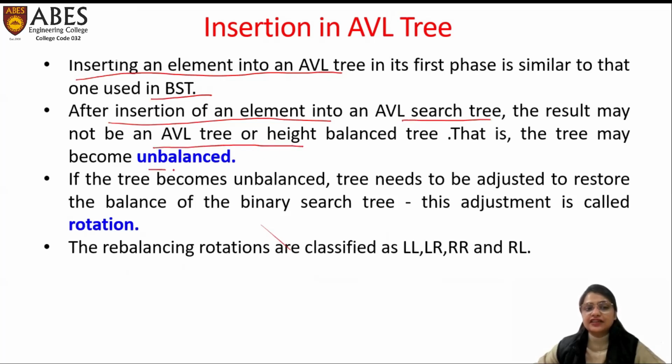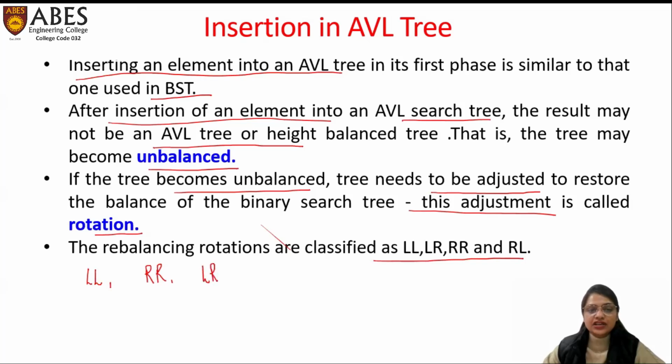It means the tree can become unbalanced. If a tree becomes unbalanced, it needs to be adjusted, and we can do this adjustment through rotations. There are 4 types of rotations: left-left rotation, right-right rotation, left-right rotation, and right-left rotation.